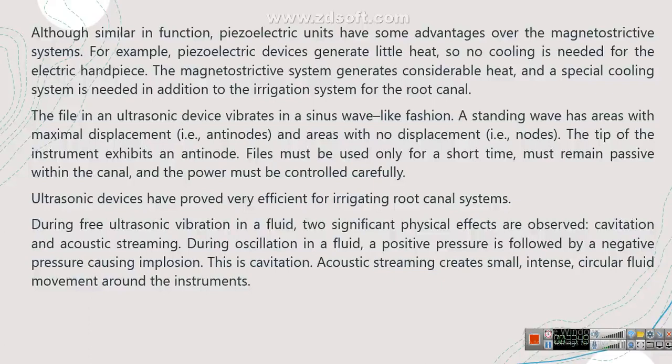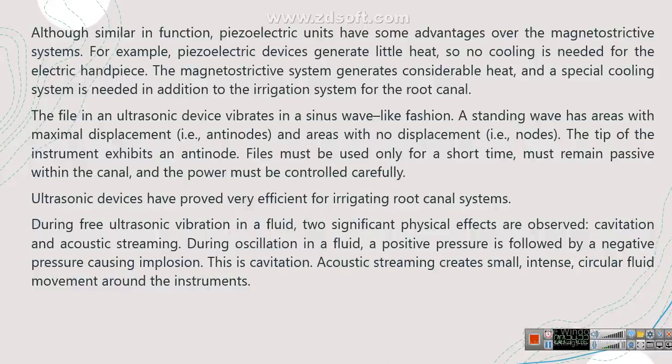For example, if we want to remove the debris from the apical third by a side-vented needle, we might not be able to clean the canal system thoroughly. But the efficacy of the ultrasonics would be quite helpful in order to remove the debris within the canal system.